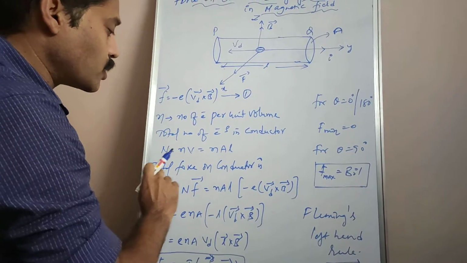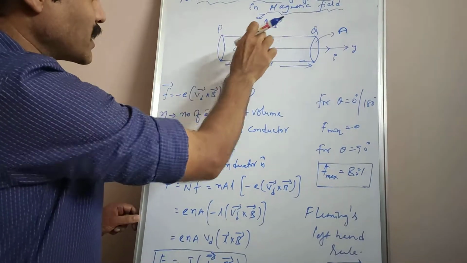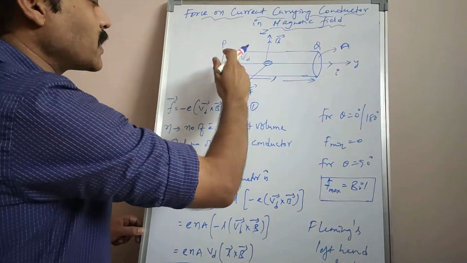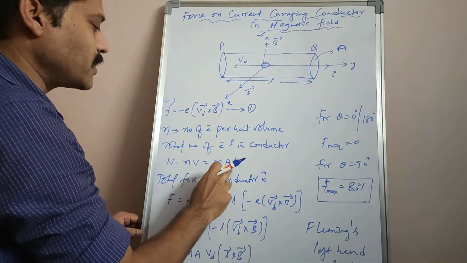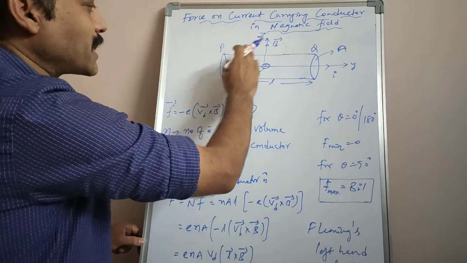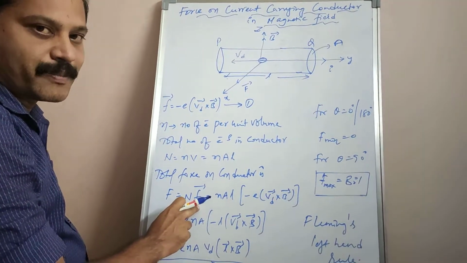Now the total force acting on the conductor. This is the force acting on one electron. The number of electrons in volume V of the conductor is N equal to small n into AL. Then the total force acting on the conductor is capital F is equal to capital N into small f bar.